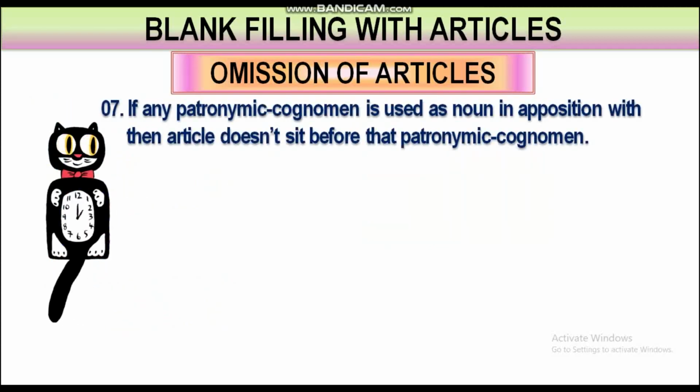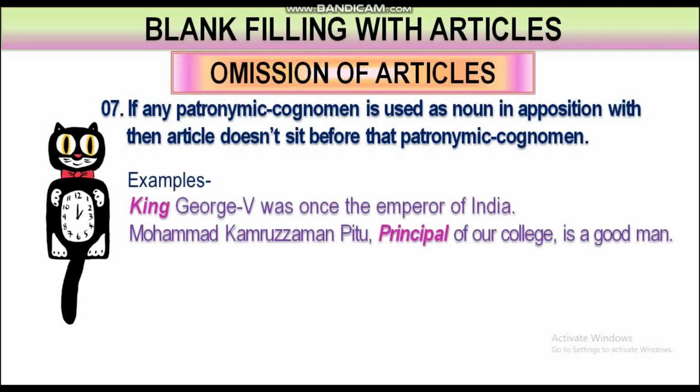Number 7. If any patronymic cognomen is used as noun in apposition, then article doesn't sit before that patronymic cognomen. For example, King George V was once the Emperor of India.